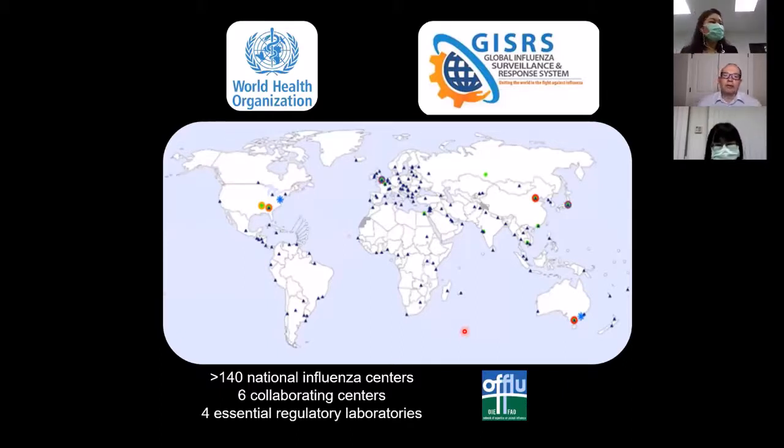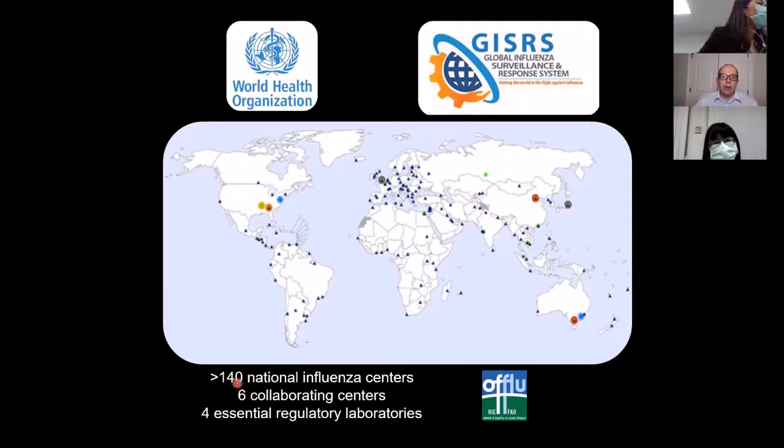And the system that has developed over the past, I think maybe next year will be the 70th year of this program, is now called the Global Influenza Surveillance and Response System, or the GISRS. So this is a network that has now over 140 national influenza centers around the globe, including in Thailand.